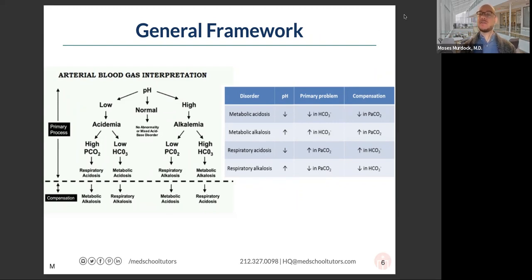And then on the far right column, you see what we expect the body to do. In other words, the body doesn't like when the pH drifts from normal, and it will marshal the other organ system to try to correct the problem. So just as an example, if you have a metabolic acidosis, that means your bicarb is low. Your body will then strive to get rid of acid using the other system, in other words, using the respiratory system.